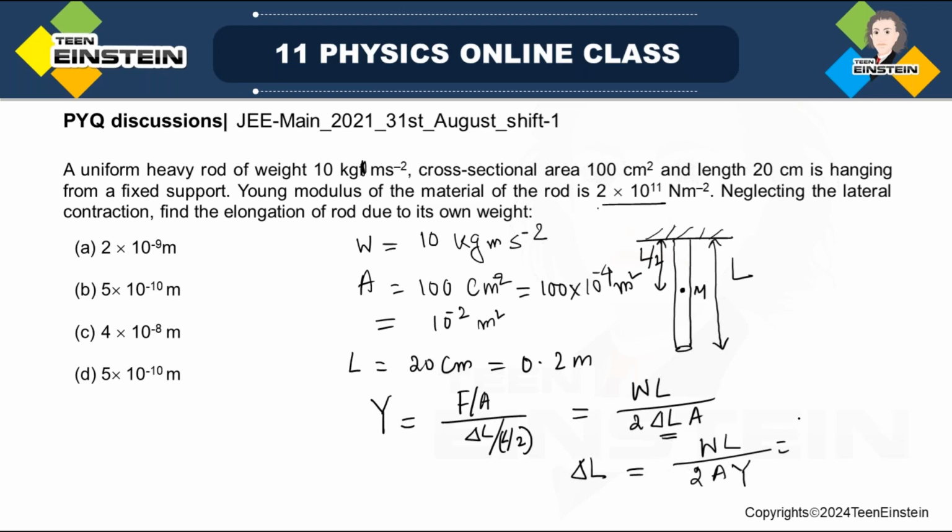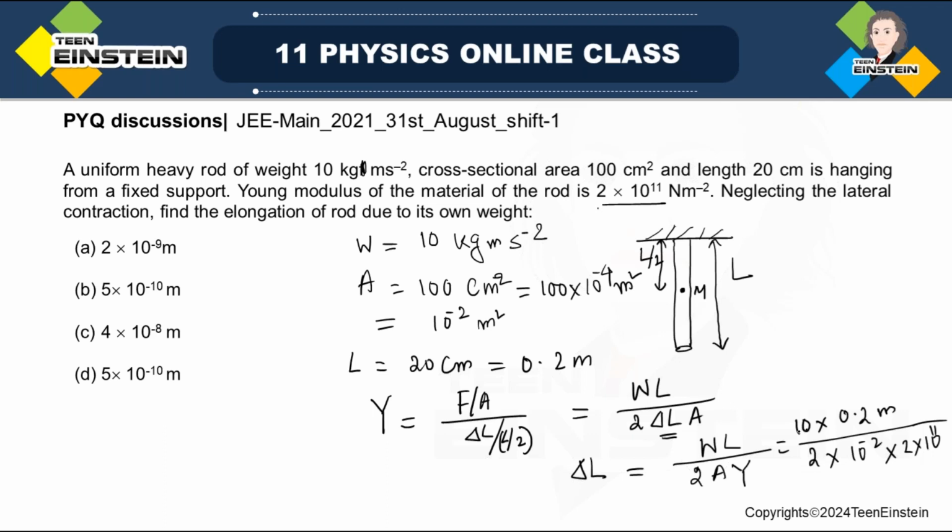If we put the values, this is 10 kg meter per second square, and length is 20 centimeter, so that is 0.2 meter, divided by 2 into area. Area is 10 to the power minus 2 meter square, and Young modulus is 2 into 10 to the power 11 Newton per meter square.